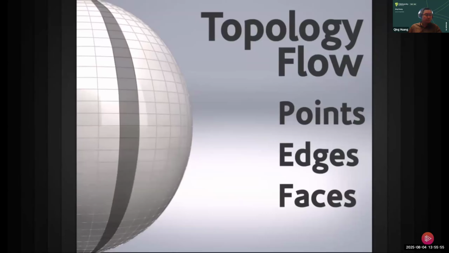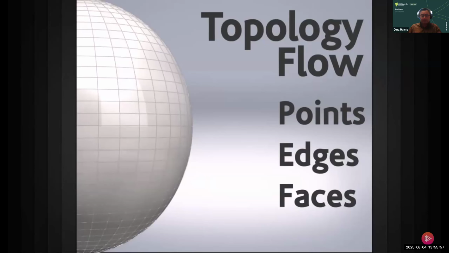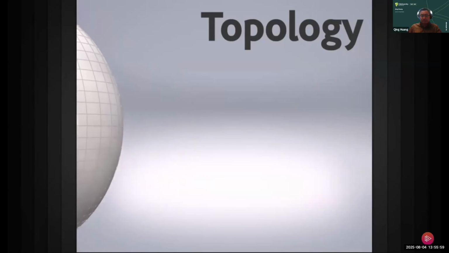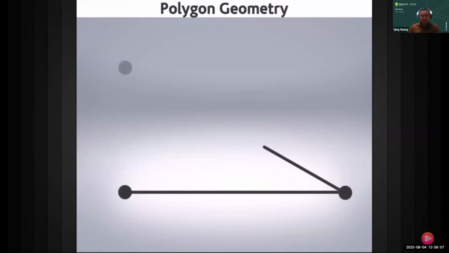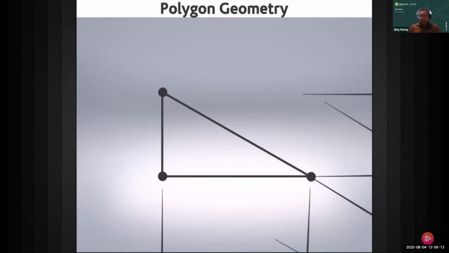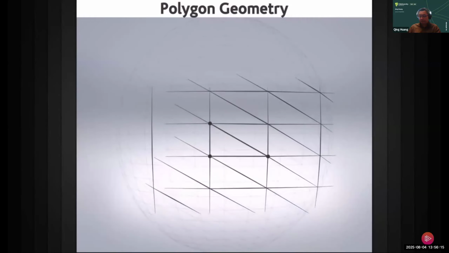The topology is not necessarily related to the shape of the model. As you can see, we can create a sphere using a variety of different topological flows. For polygonal geometry, we can think of topology in terms of the type of polygon faces, the type of vertices, and the flow of the edges.